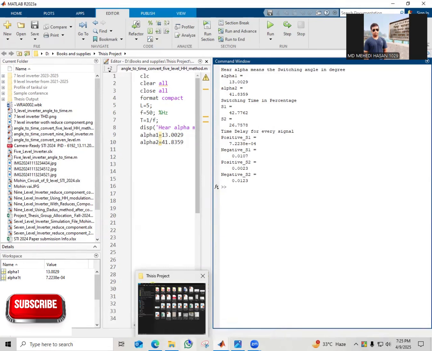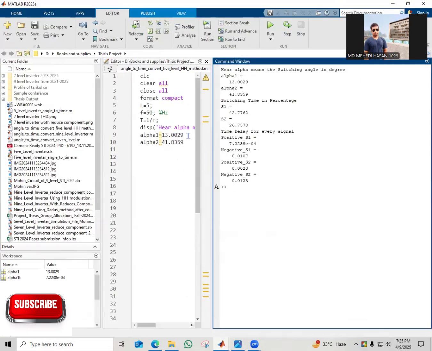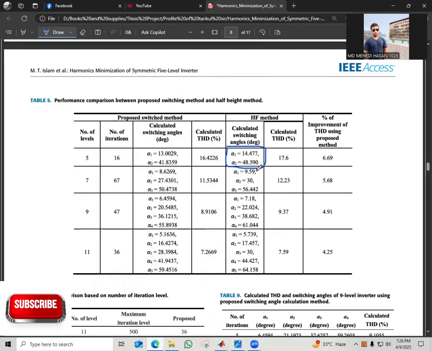I am going to put the equation's output here. Here is 14.477. I apply 14.477 here, and the value of alpha 2 is 48.590.